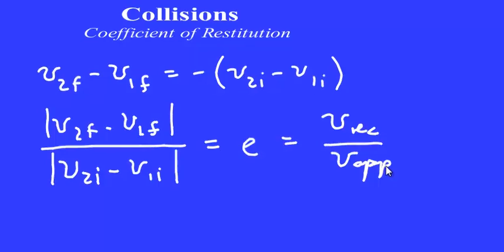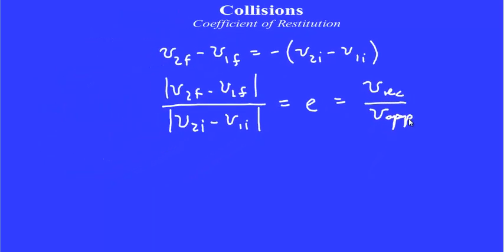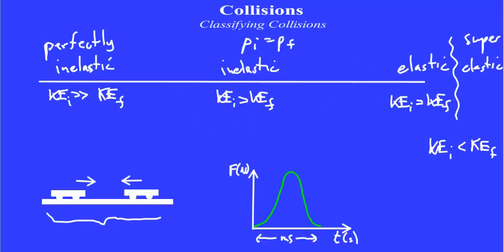Why don't you go back to the very beginning to that scale that we set up on the very first screen, and you'll see what's going to happen here. On this spectrum, on the far right, the coefficient of restitution will be 1 if it's an elastic collision. And then here in the middle, you're going to have less than 1.